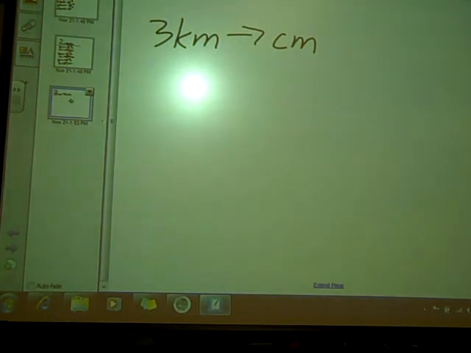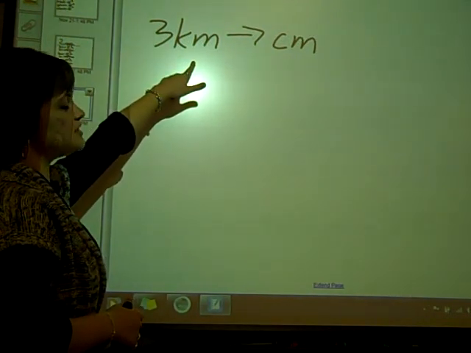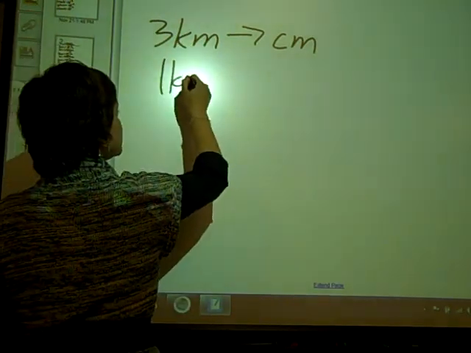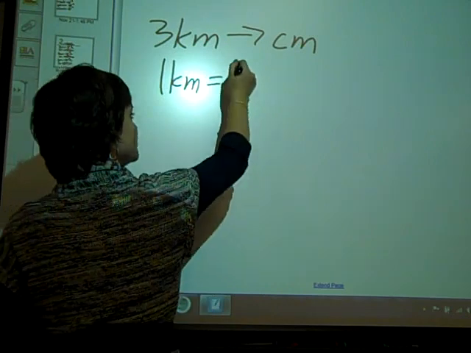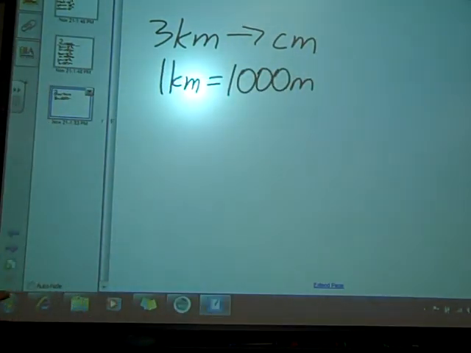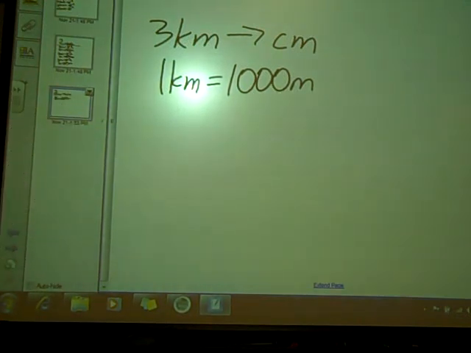It's the easiest way to avoid silly math mistakes. So, for example, on this one, my base unit is meters. So my first conversion factor is going to be from kilometers to meters. Again, if you can subtract exponents and you can jump straight from kilometers to centimeters, more power to you. I find that if you go to the base unit, you make fewer mistakes.